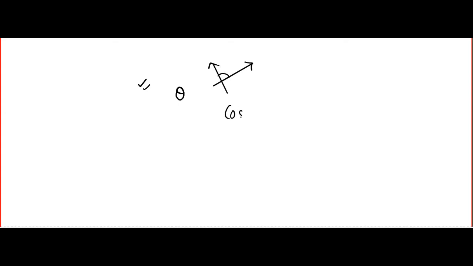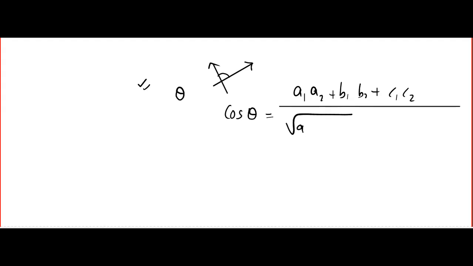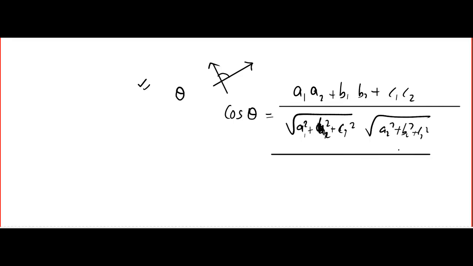So basically the angle between two planes is given by the same formula, dot product divided by modulus into modulus, that is a1 a2 plus b1 b2 plus c1 c2, the whole divided by the square root of a1 square plus b1 square plus c1 square multiplied by the square root of a2 square plus b2 square plus c2 square. Okay, so that settles the angles.